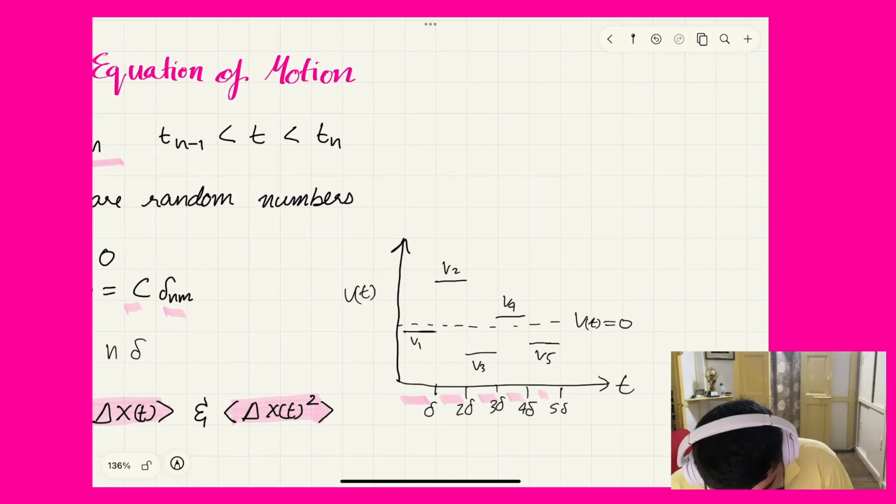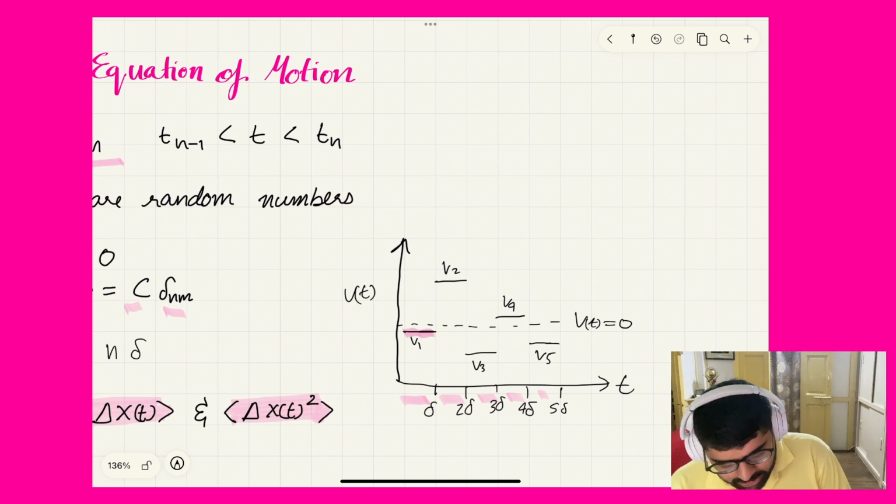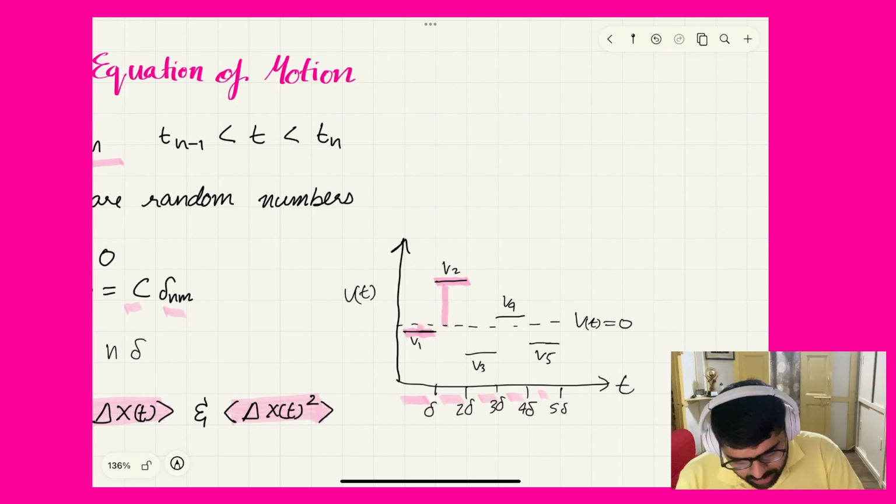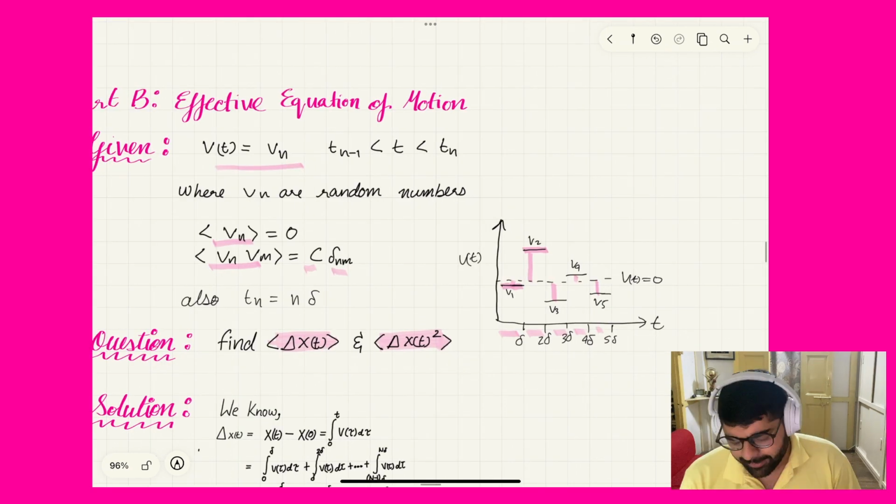For the time between 0 and delta, the value of v is v1. For delta and 2 delta, it's v2. And similarly for v3, v4, v5 up to vn. And the mean value of v is equal to 0. So this is somehow what the graph should look like. Let's try to solve this question.